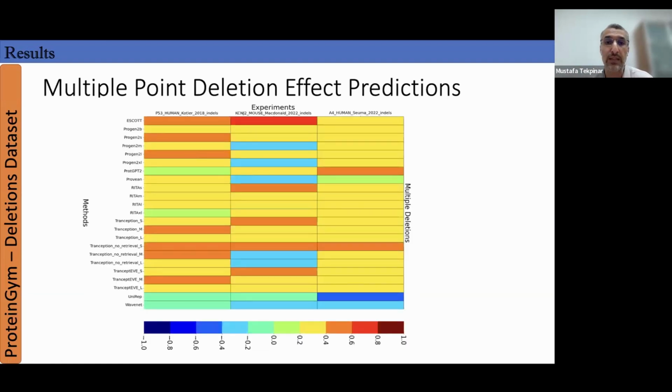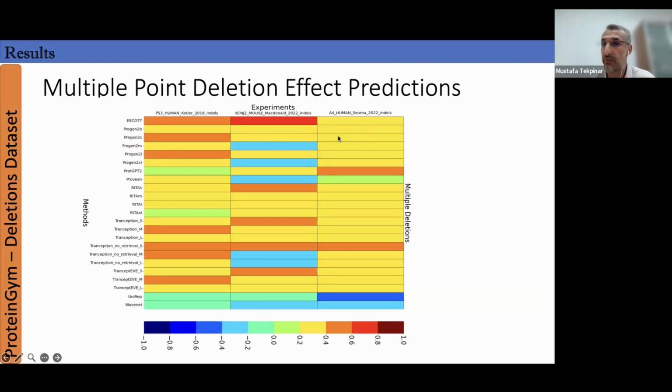Unfortunately, for multiple point deletion effect prediction, we do not have too many experiments, but still I wanted to present my results for this part as well. We have three experiments, and again, the first row is PRESCOTT results.